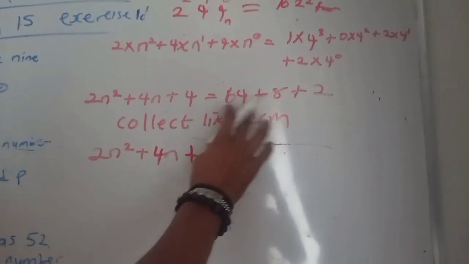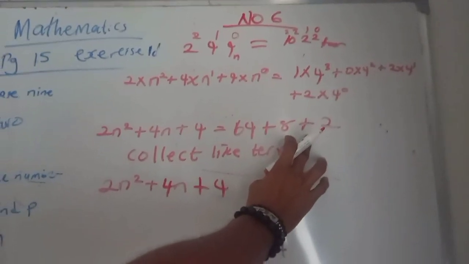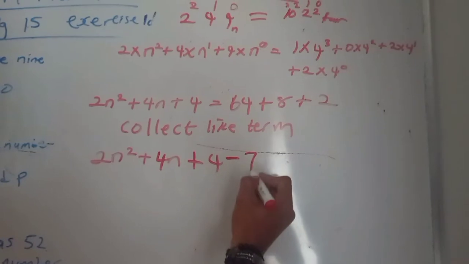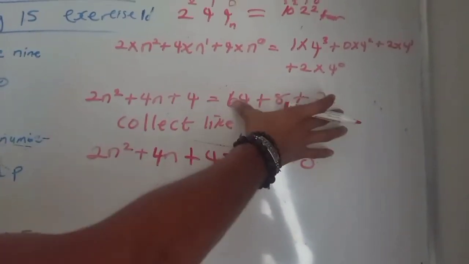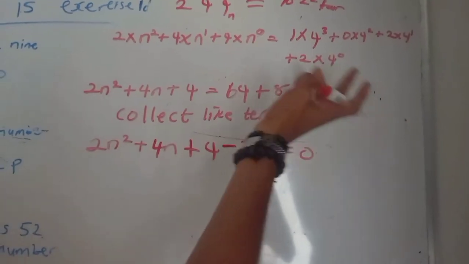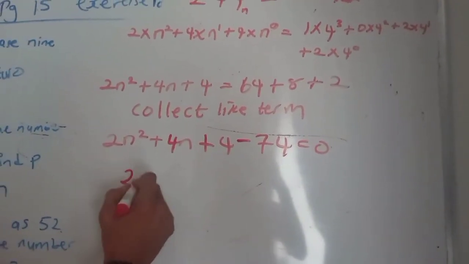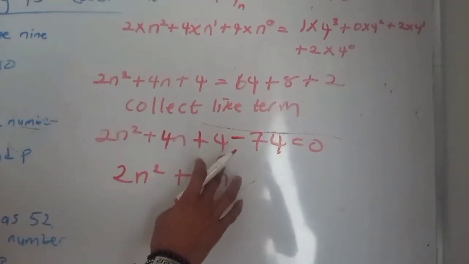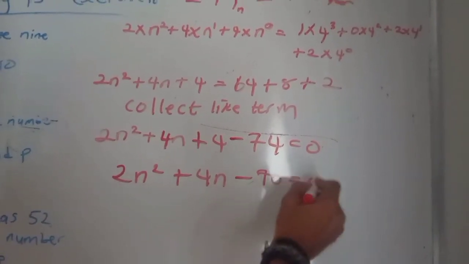Now 64 plus 8 plus 2 gives us 74, so minus 74 equals 0. I added this together and collected like terms to the left hand side, which gives me minus 74. So it's 2n squared plus 4n, and 4 minus 74 is minus 70, equals 0.